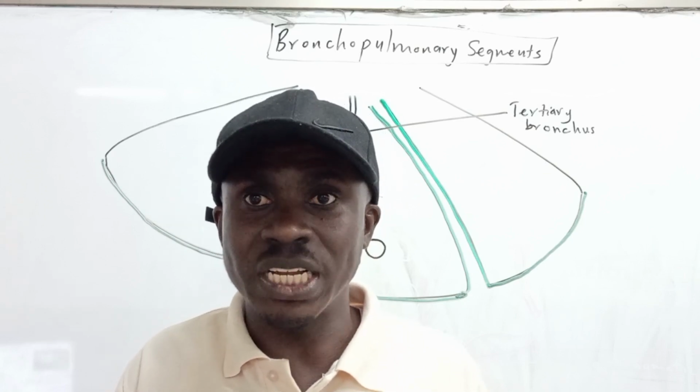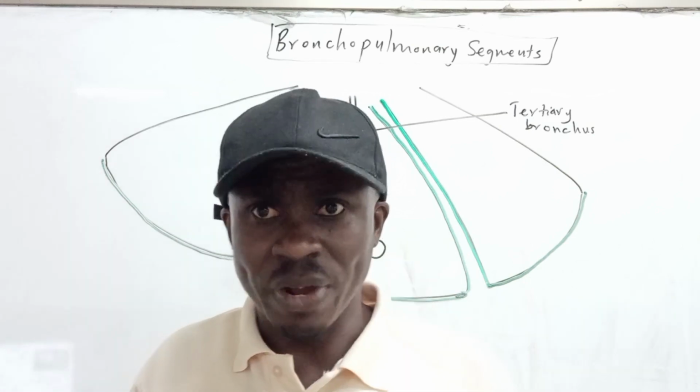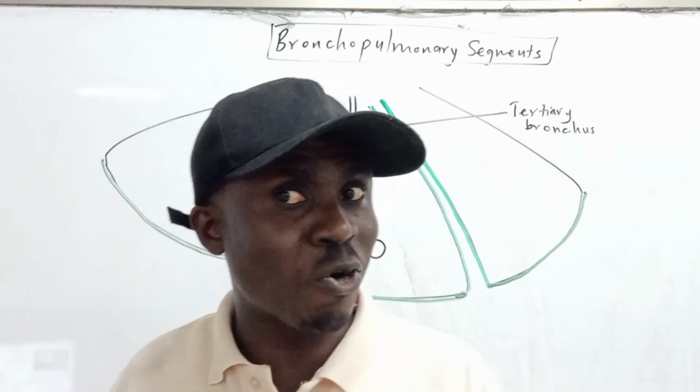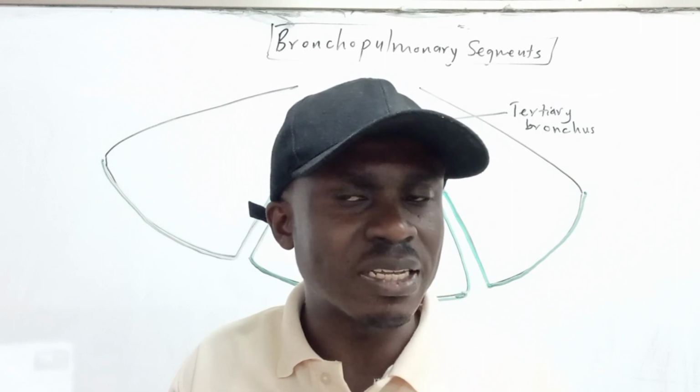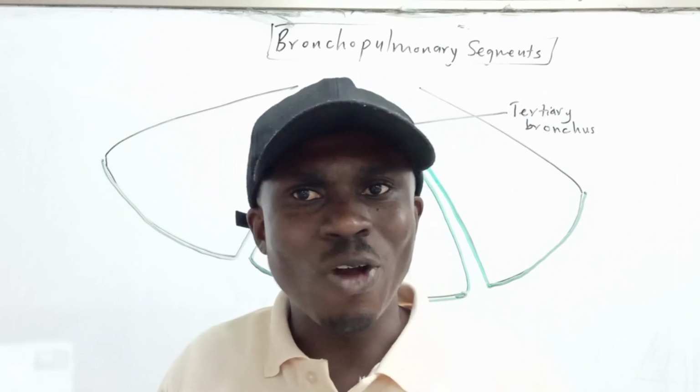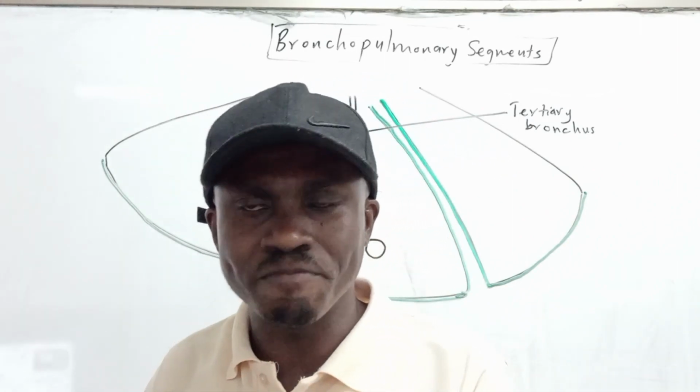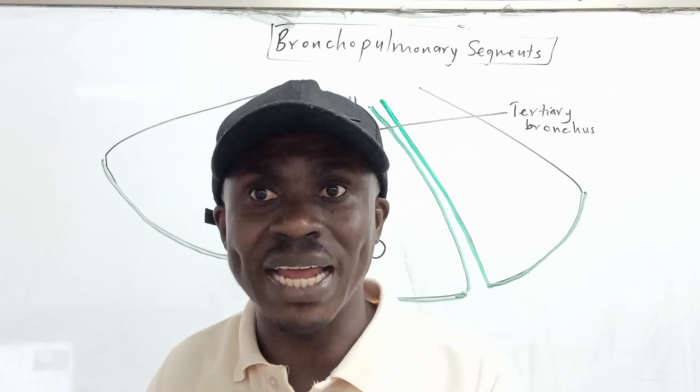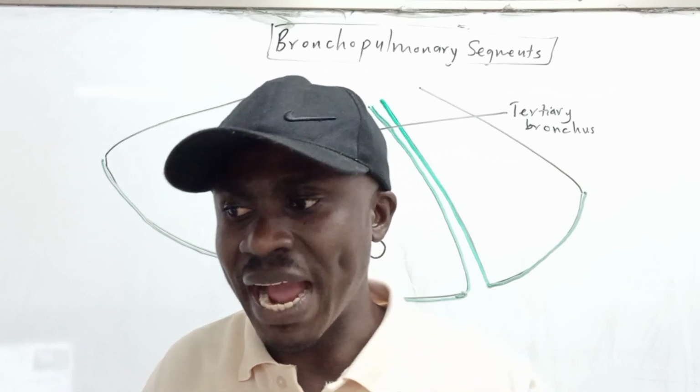Yes, I'm sure you will tell me that it's going to carry what we call oxygen poor blood. The reason is that all arteries postnatally will carry oxygenated blood except the pulmonary artery.